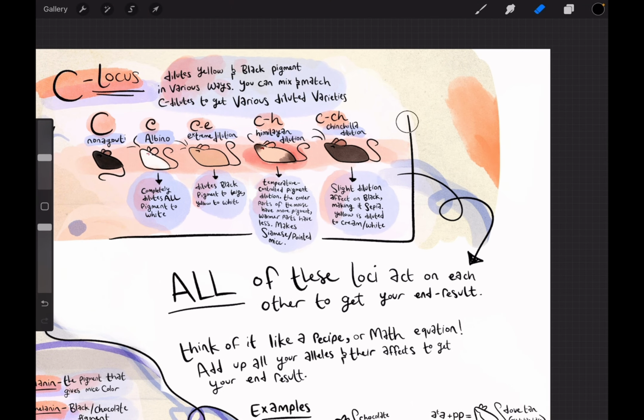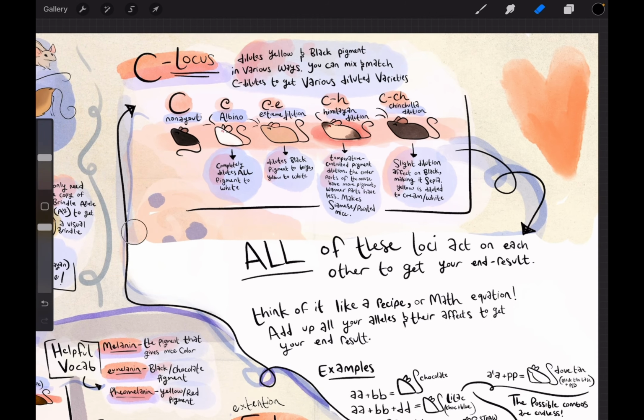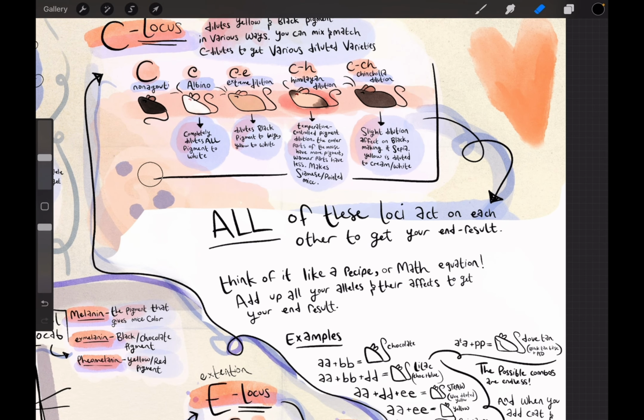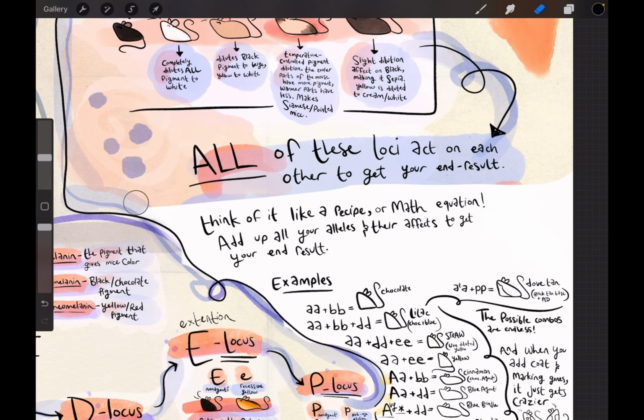I'm getting ahead of myself. Color this in. But all of these loci that we've gone over act on each other to get your end result. So all of the effects of each individual locus will basically compound on each other, and you consider them all together, and that's what gives us our end mouse.